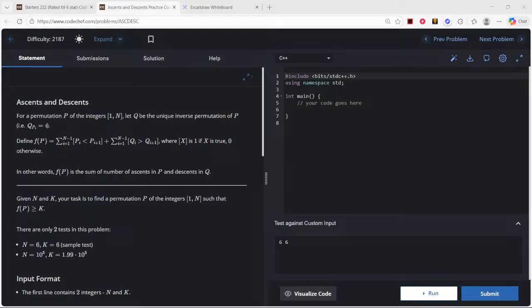So it is the sum of the number of ascents in P and descents in Q.